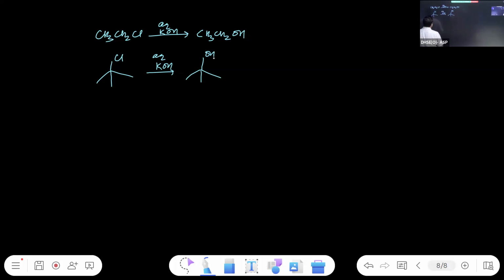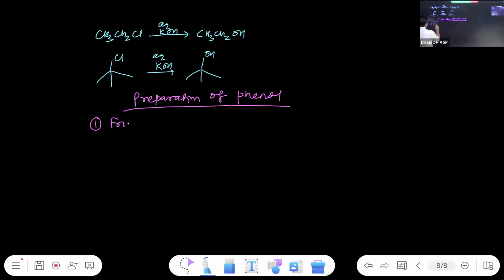Next, we'll go to the preparation of phenol. Preparation of phenol, first, from haloarene.